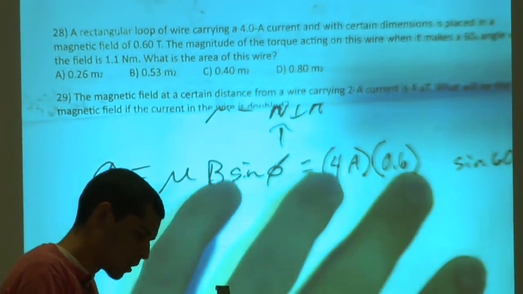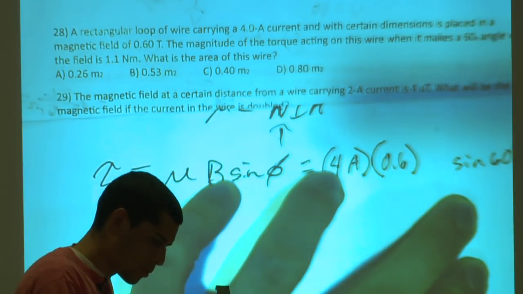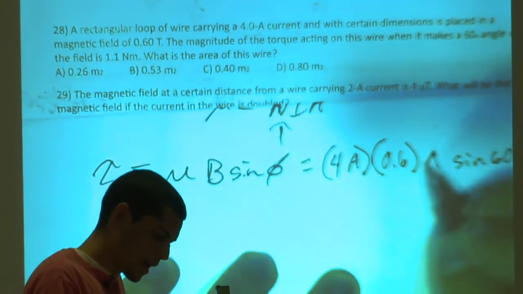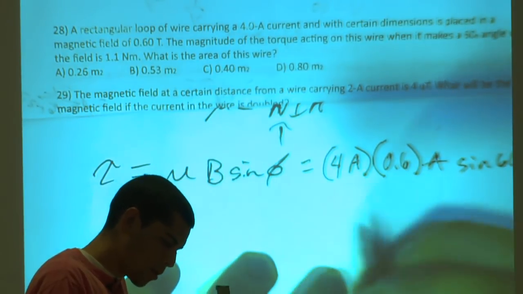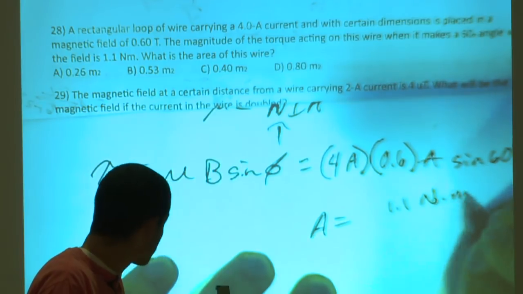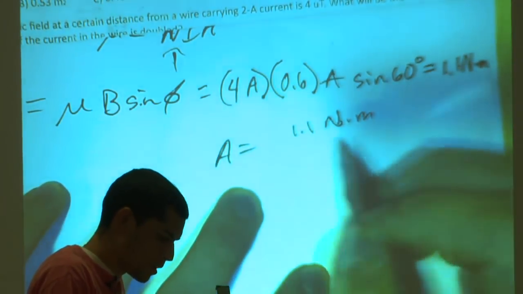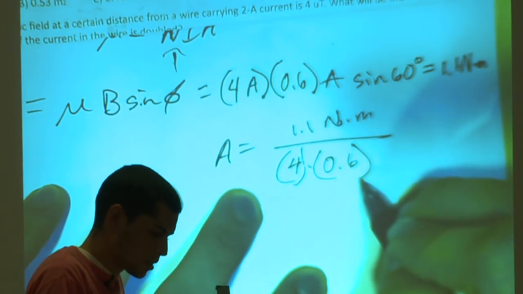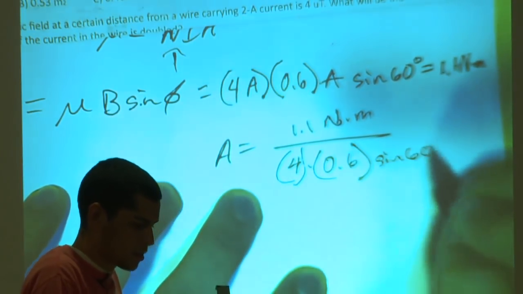Oh, so we're given torque. So this is 1.1 Newton meters. But we're going to solve for area by dividing them all out. Thus, area is equal to 1.1 Newton meters over 4 times 0.6 sine of 60.